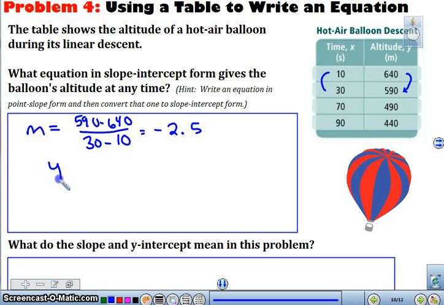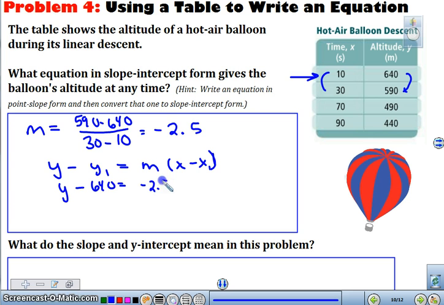Next, we're going to go to our point slope form of our equation. y minus y1 equals slope m times x minus x1. And again, as you look at that, easiest to use the very first point. So if we are taking a look at it, we're going to have y minus, our y coordinate would be 640, equals slope negative 2.5 times x minus 10.